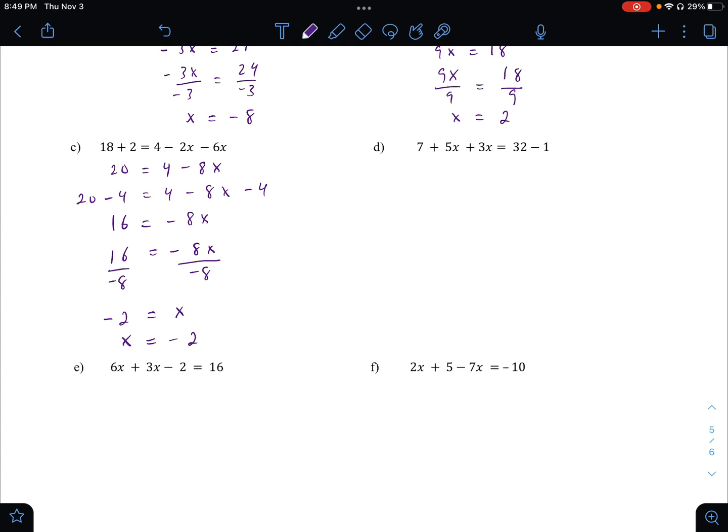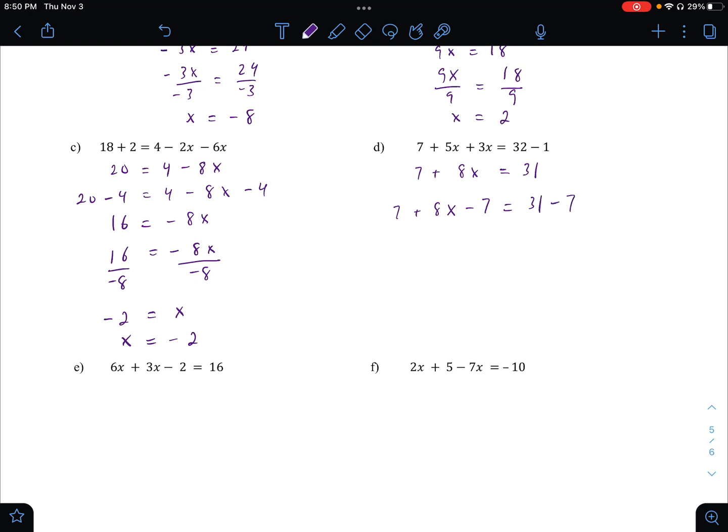Okay, for D, we can add 5x and 3x together to get 8x. And we can subtract 1 from 32 to get 31. Now what we want to do is get rid of the 7 on the left side to isolate for the 8x, and then ultimately isolate for x. So we're going to subtract 7 from both sides.